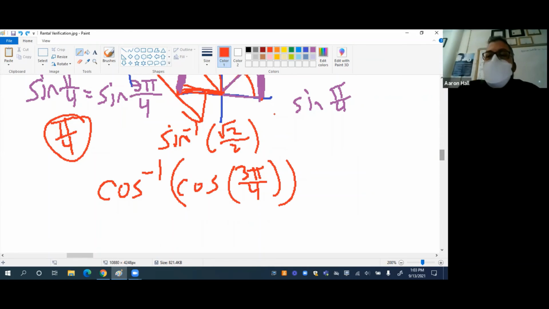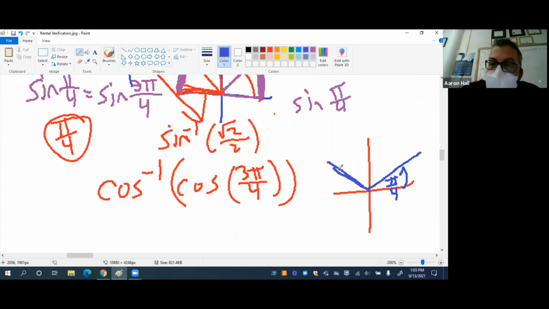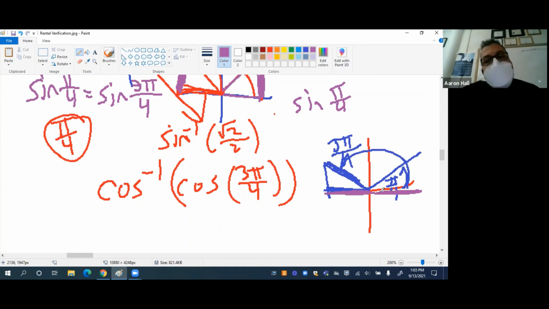Okay, the cosine, is that my X or my Y value? It's my X value. This rotation here of pi fourths gives me the same X distance as this 3 pi fourths, except it's negative.